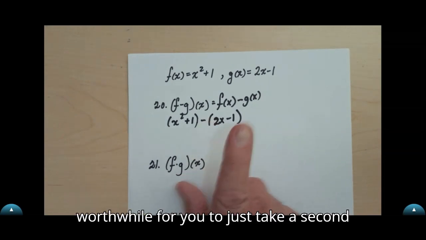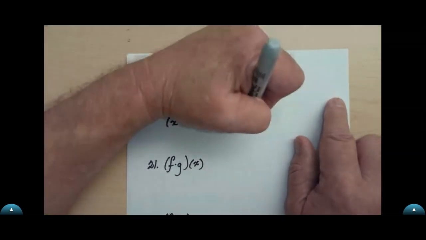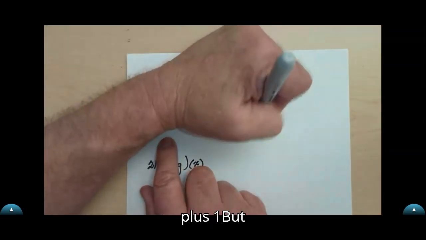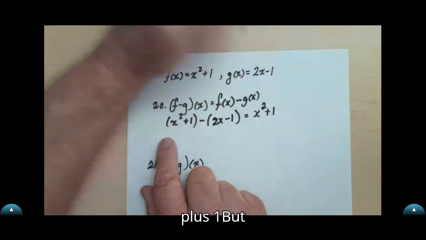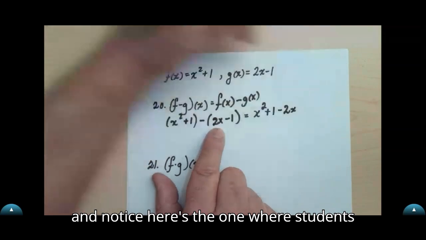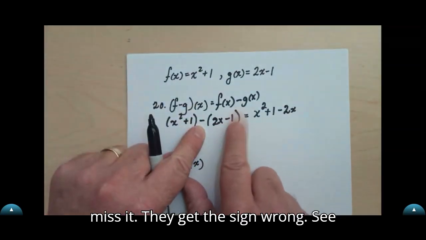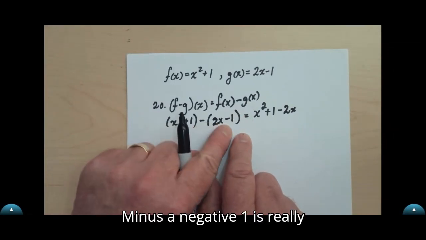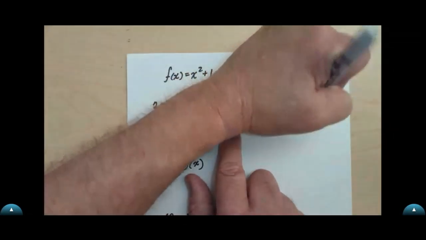So it might be worthwhile for you to just take a second and write this out without the parentheses, where you've got x squared plus 1, but then you've got minus 2x. And notice here's the one where students miss it. They get the sign wrong. See where I'm pointing? Right there. Minus a negative 1 is really plus 1.